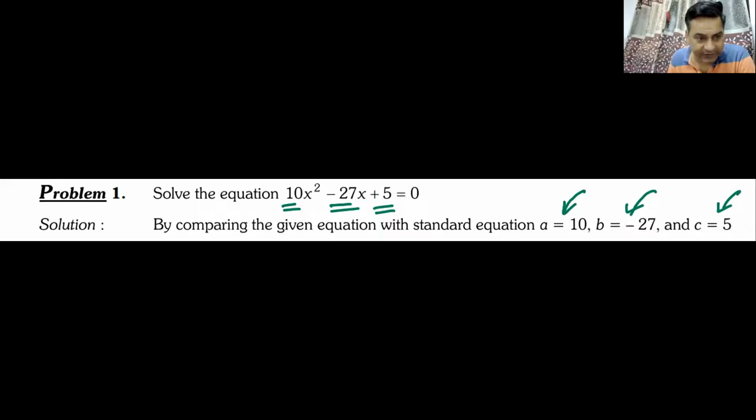Well done, Jamuna. I think your answer is correct. 5 by 2 and 1 by 5 seems to be the correct answer. Akhil also got the same answer. Well done, Akhil.